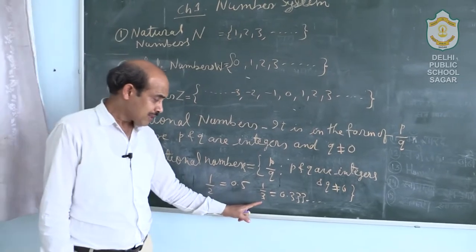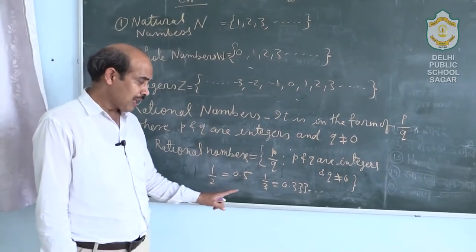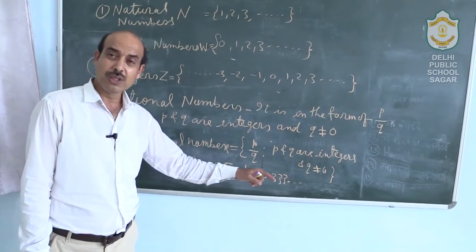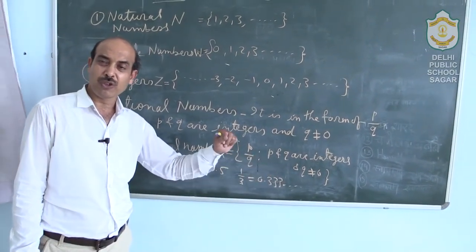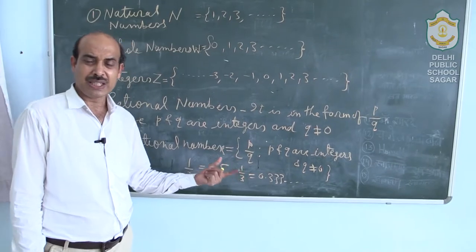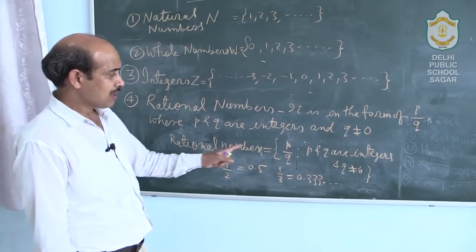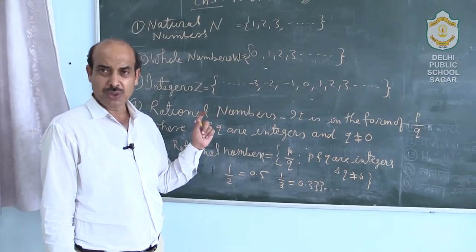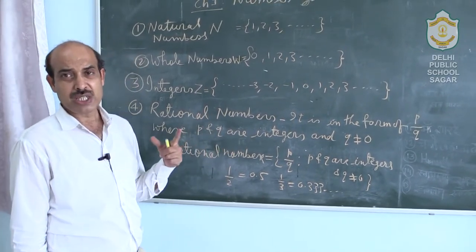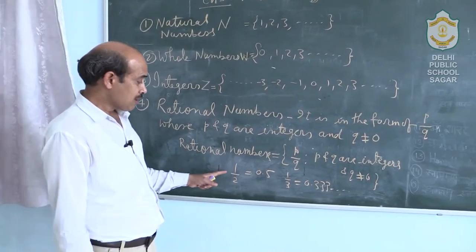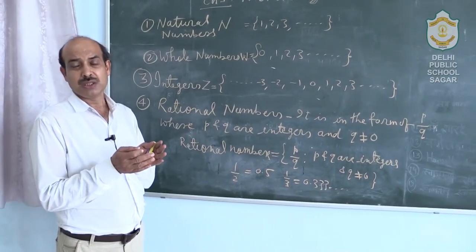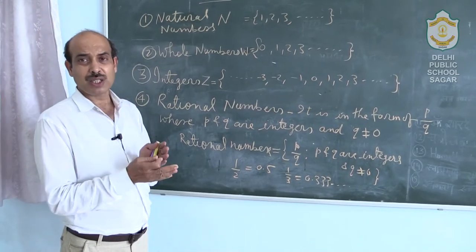So this is smaller than 1 by 2, and between them so many numbers are there, 0.444, 0.414141, so many numbers are there. That is why this type of definition is required for rational numbers. Rational numbers are very close to each other, so we cannot write the comma between them.